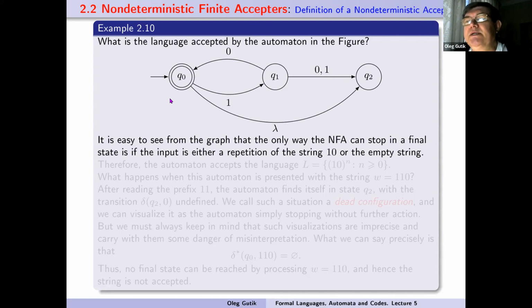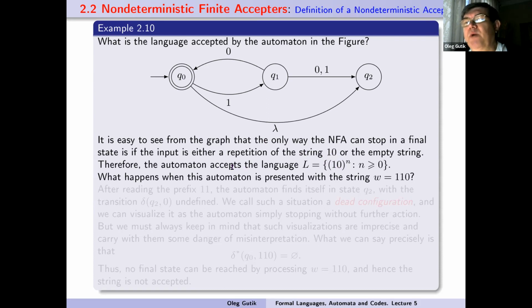It's easy to see from the graph that the only way the non-deterministic finite acceptor can stop in a final state is if the input is either a repetition of the string 1, 0 or the empty string. Therefore, the automaton accepts the language L, which consists of any power of the string 1, 0.